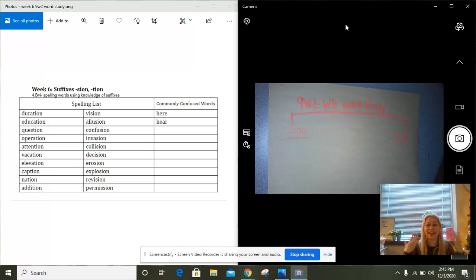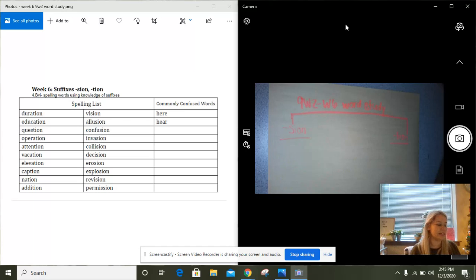They're like the exact same sound. So that's why it's confusing, because do you use TION or SION? That's kind of something that you're just going to have to memorize. There are lots of different ways that you can spell things, but you can't confuse your SION and your TION.